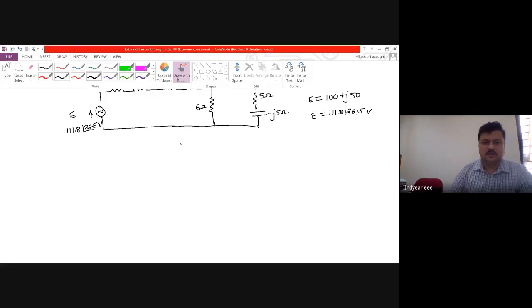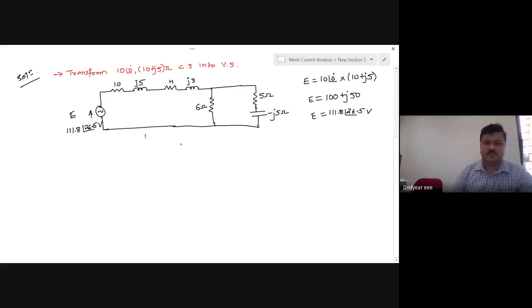Now there are two meshes, mesh 1 and mesh 2.